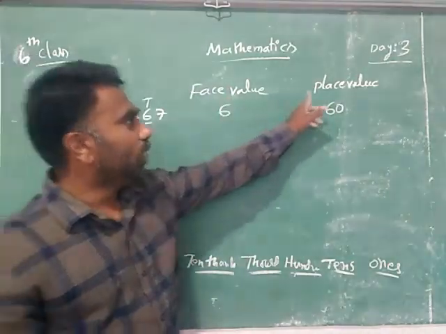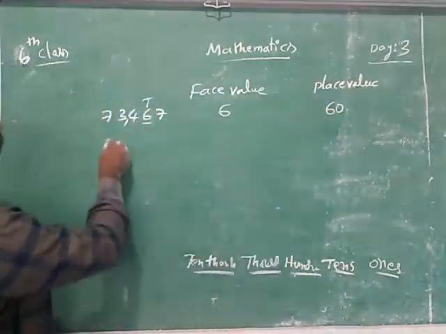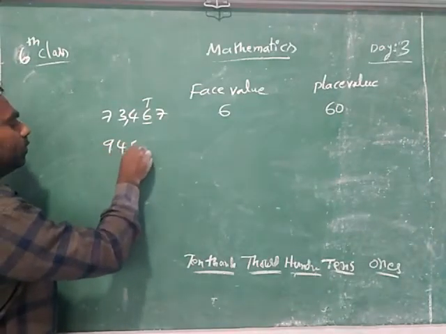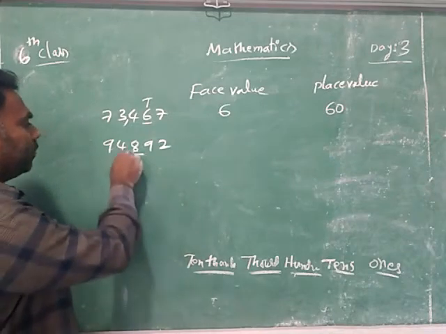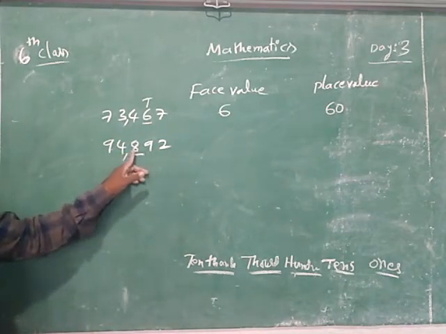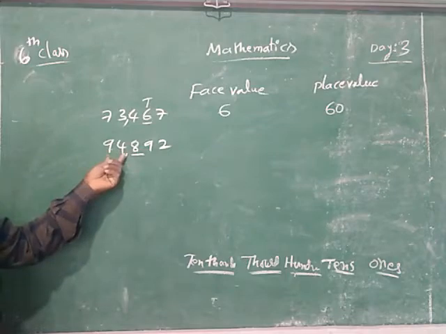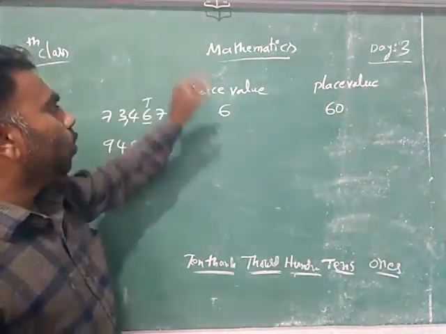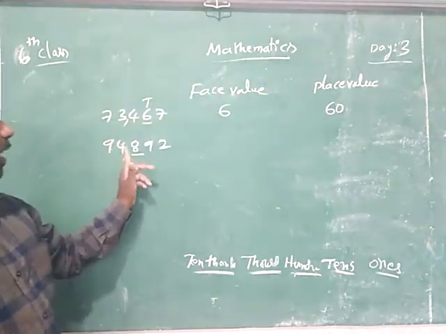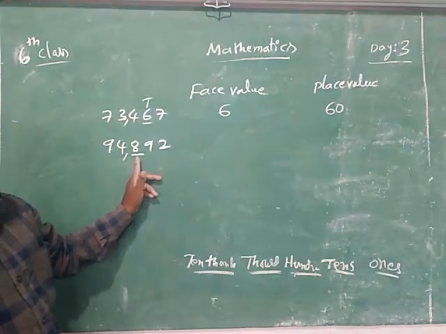Face value, place value. Now, I am giving this number. You can read it: ones, tens, hundreds, thousands, 10,000s. 94,892. I am asking what is the face value of 8? The underlined digit is 8.